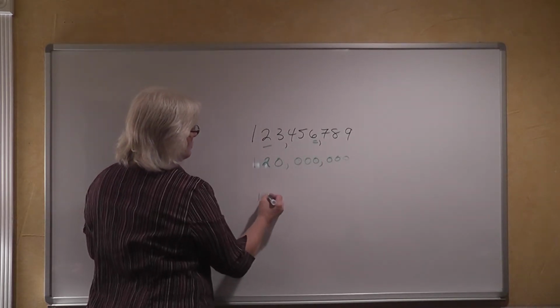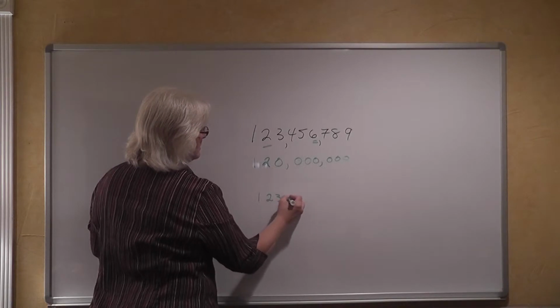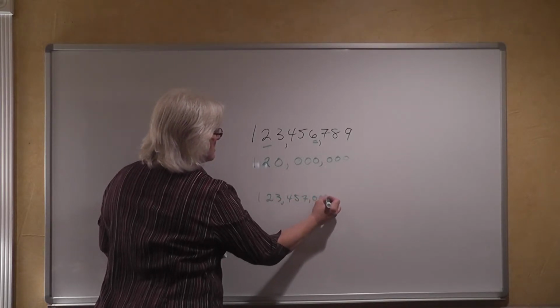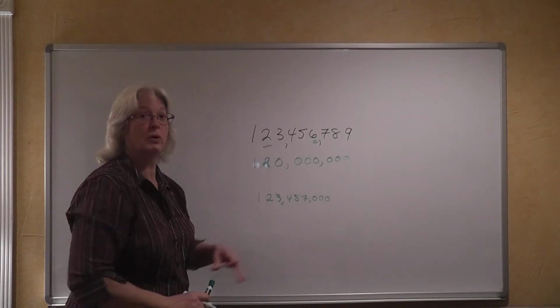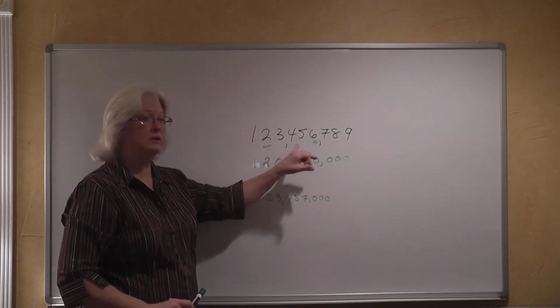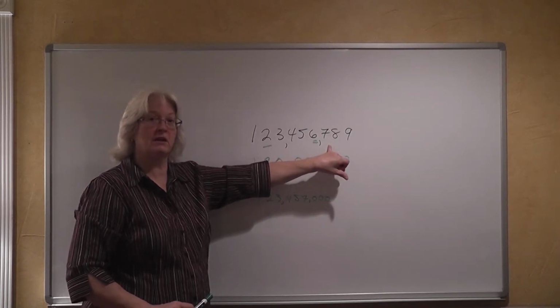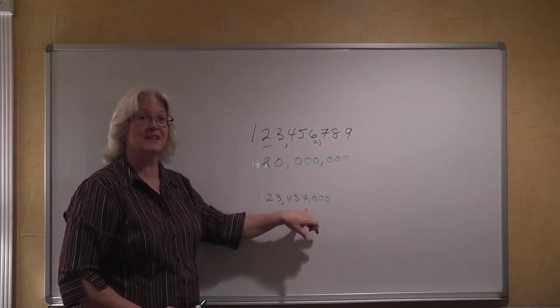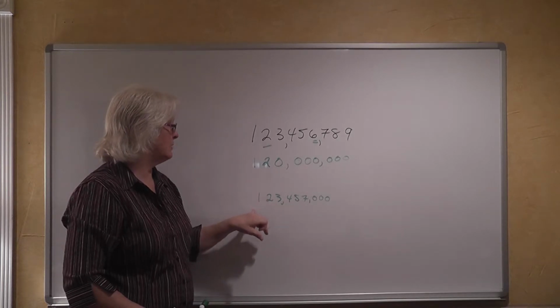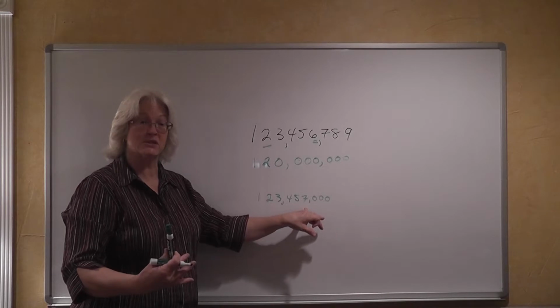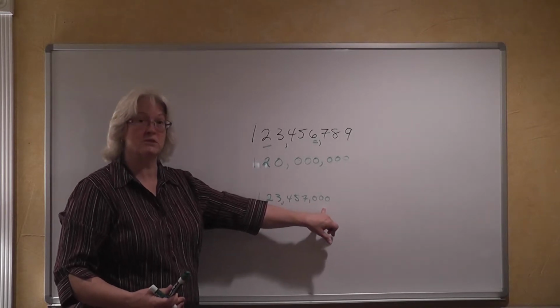We're going to have 1, 2, 3, 4, 5, 7. If we round 123,456,789 to the nearest 1,000, it will say 123,457,000. Everything else becomes 0.